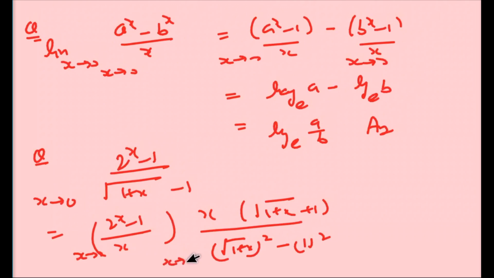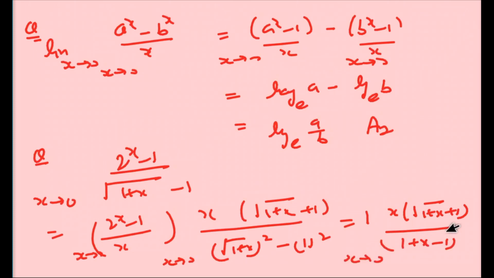Okay, so this way you can separate these two types of questions. Now what is left here is 1 and x, here is under root 1 plus x plus 1 upon root 1 plus x square is 1 plus x minus 1, x tends towards 0. Now this x is cancelled, so what is left is under root 1 plus x plus 1, x tends towards 0.